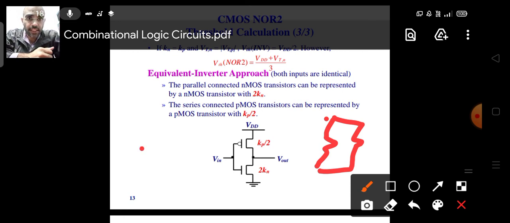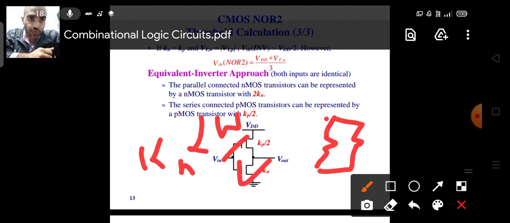Kn is a function of W by L, because the other things, mu and Cox, are constant. In any design we usually keep L minimum, so we only have W to change.